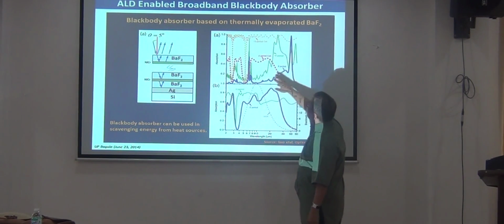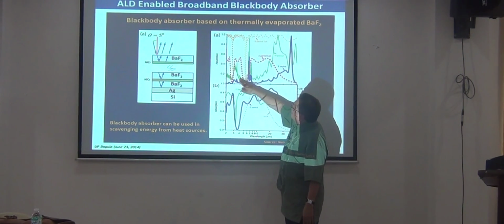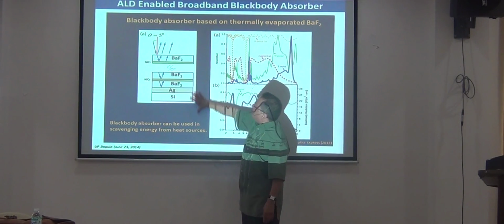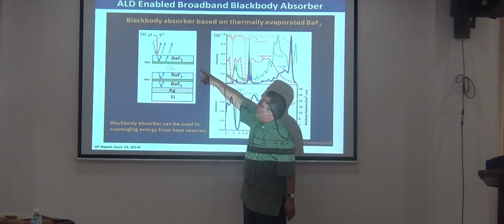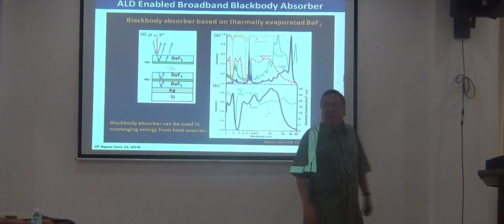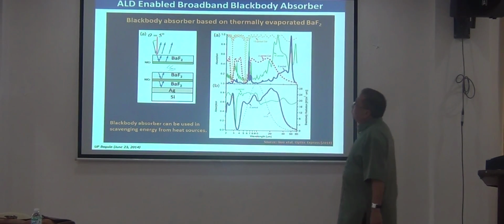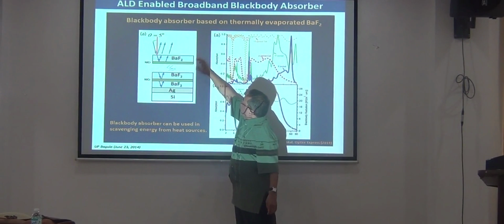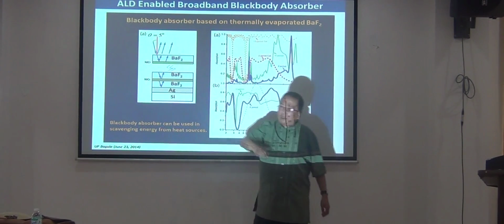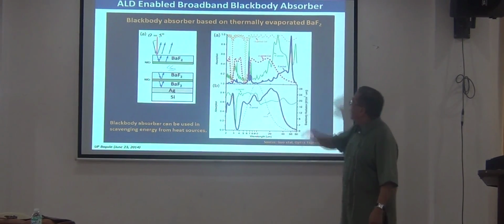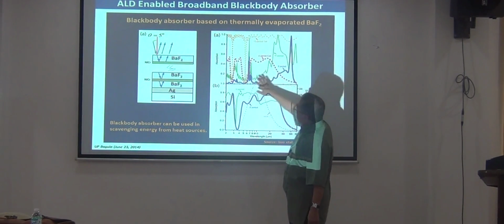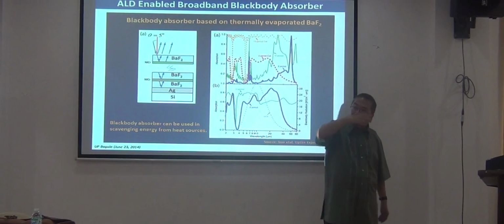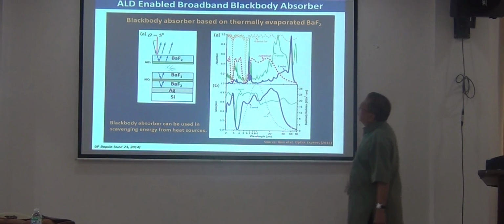In this particular experiment that we did, it uses barium fluoride and nickel chromium alloy. That is one unit, and it's repeated over so many units, and you can calculate the absorption of that particular structure.